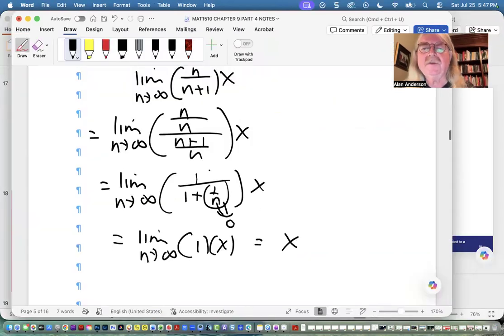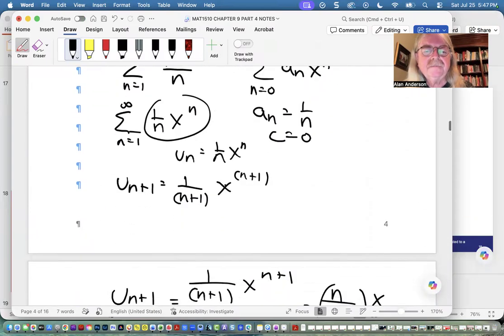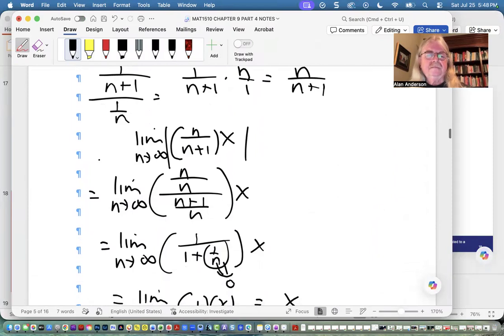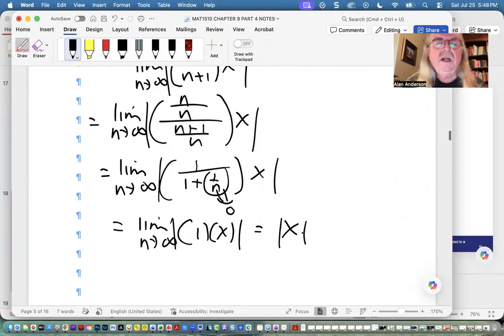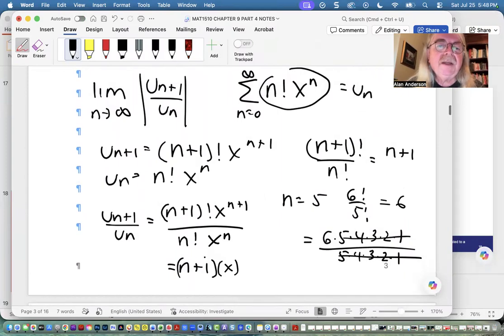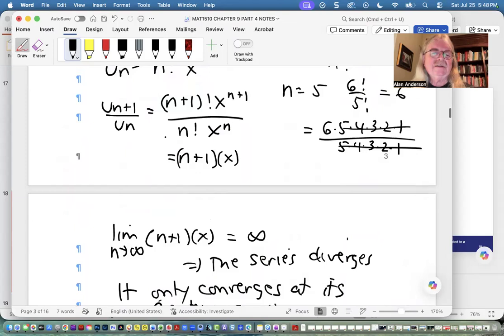Oh, actually, I forgot the absolute value sign. Sorry about that. The test that we need actually uses absolute values. I think I left them out up here too. I wrote it in over here, but then I sort of lost it. So let's put it back. There we go, we're good now.